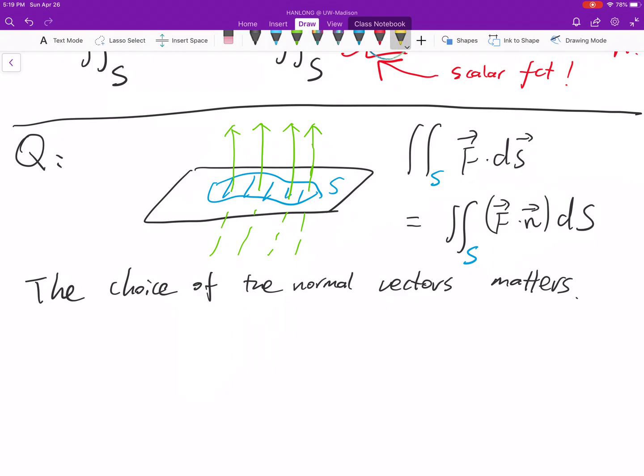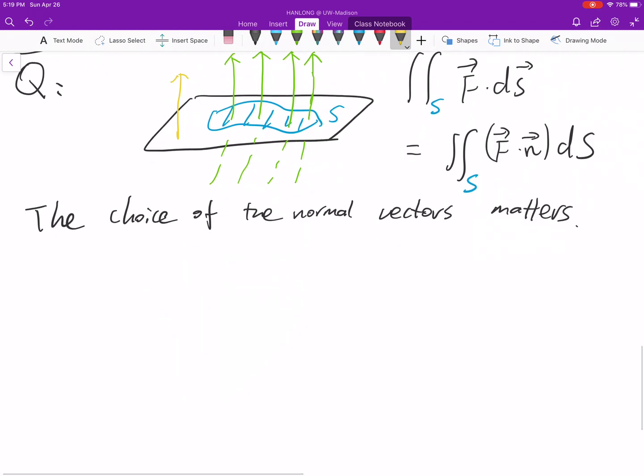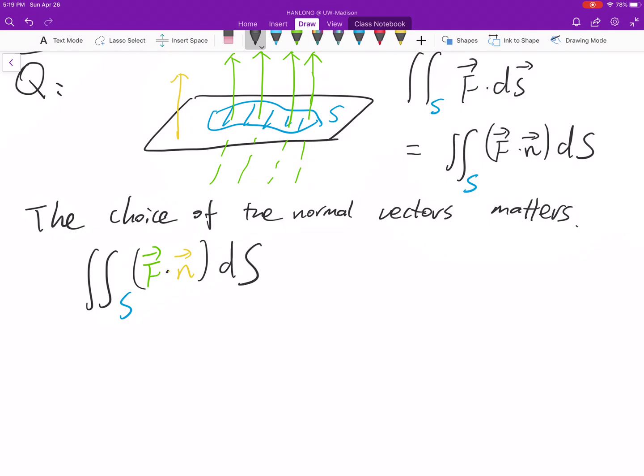So for example, if you choose your normal vector to be this one, then you do dot product, what do you have? So this will be positive, right?